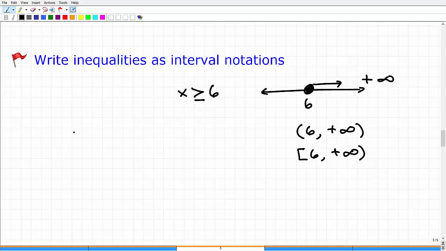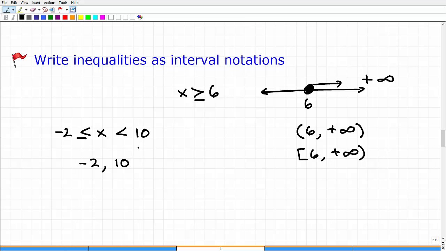I'm going to give you another one here. I'm just going to make this up. Let's see if you can do this without the graph. All the numbers that are greater than or equal to -2, but are less than 10. So here I'm going to write the -2, and then I've got 10.